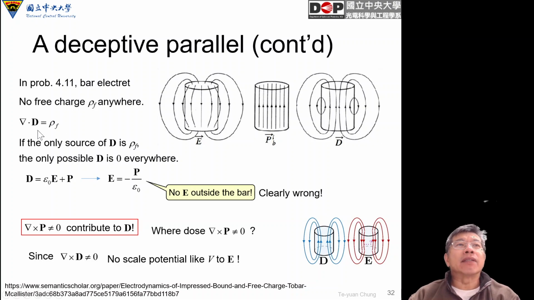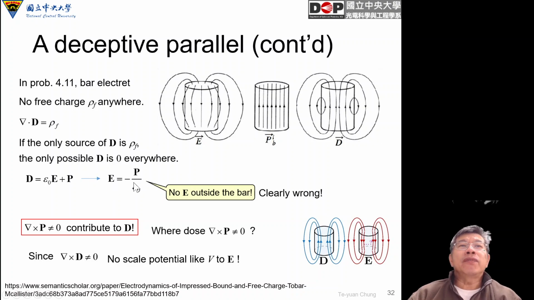If D were really similar to the electric field, the free charge should be the source of D. But this is not possible, because in the electret there is no free charge, so D must be 0 everywhere.